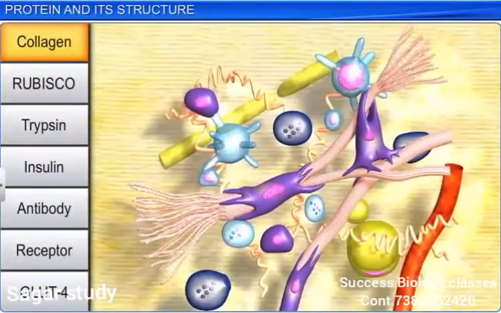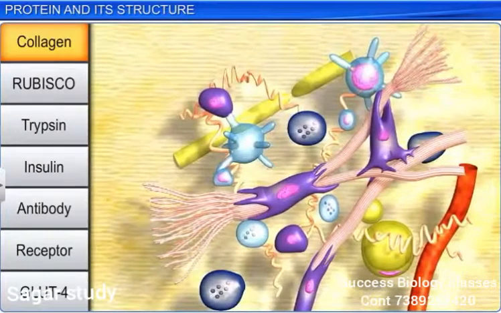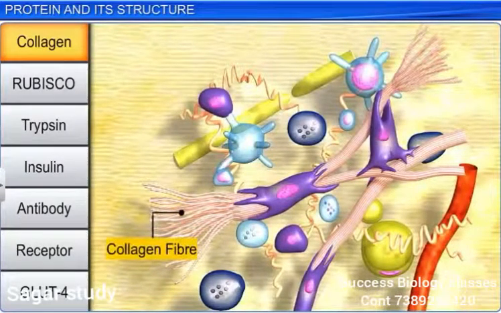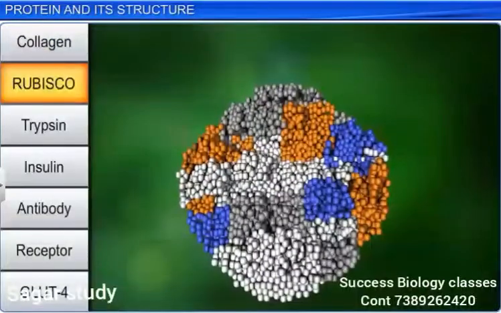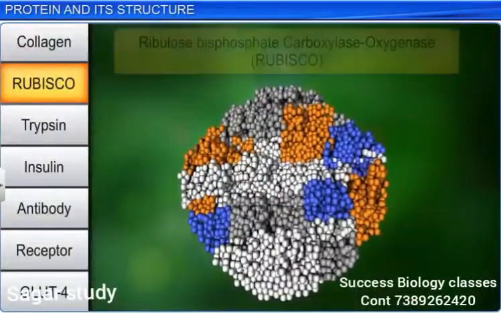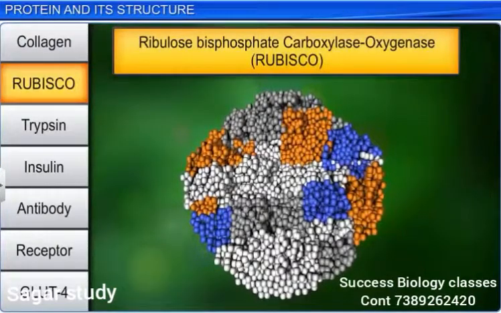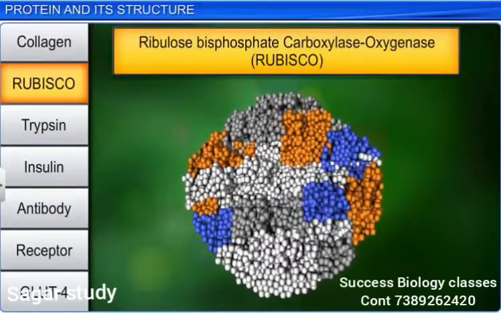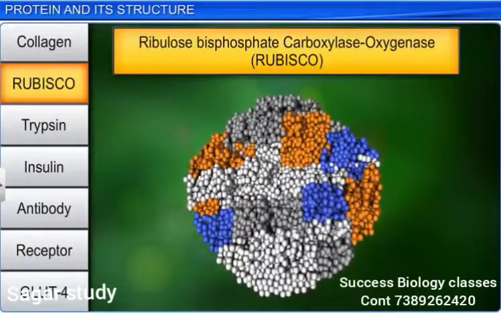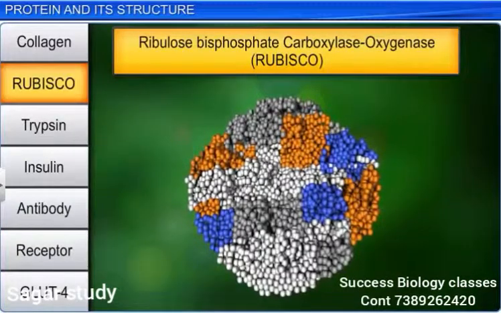Collagen fiber is generally found in connective tissues and acts as an intercellular ground substance in the space between the cells. On the other hand, ribulose bisphosphate carboxylase oxygenase, or Rubisco, is the most abundant protein in the whole of the biosphere. It acts as a catalyst during the process of carbon fixation.